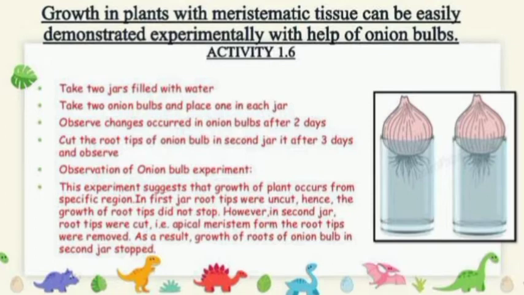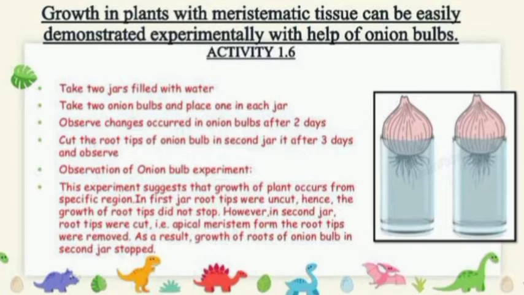Clear? So after some time you observe the onion bulbs after some days. Okay, so when the roots are coming from the bulb, we cut the roots of any one of the jars. Clear? So what we observe?